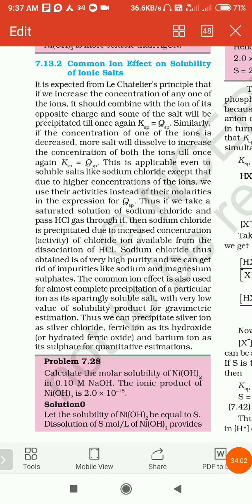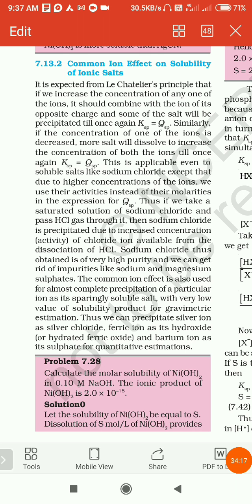If the concentration is increasing, that ion will combine with the oppositely charged ions, therefore precipitation will easily take place.